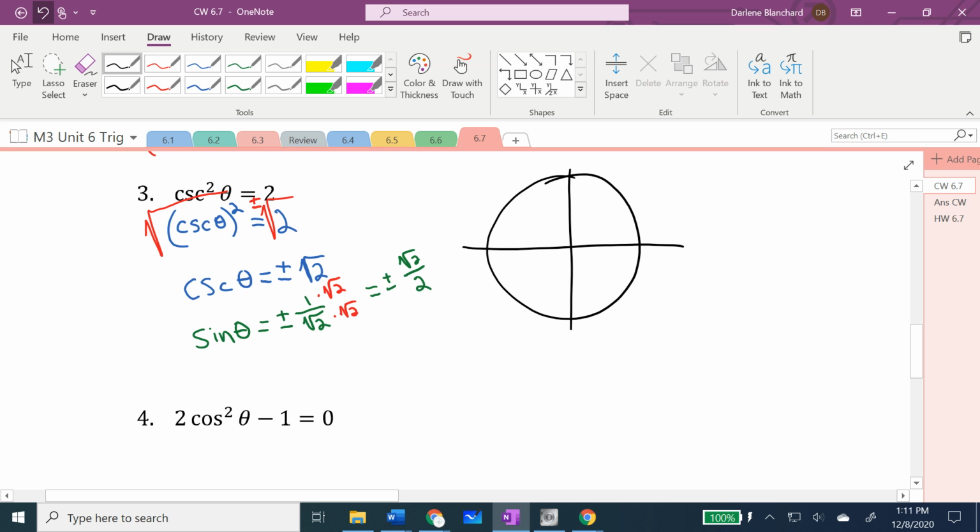Is sine representing x or y? So that means I need to draw two lines. One is positive root 2 over 2, one is negative root 2 over 2. And when I draw y equals, it's a horizontal line.